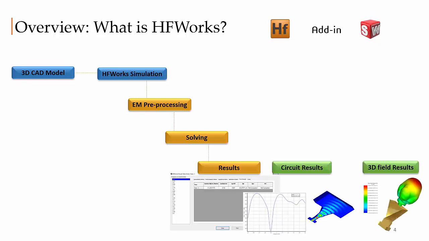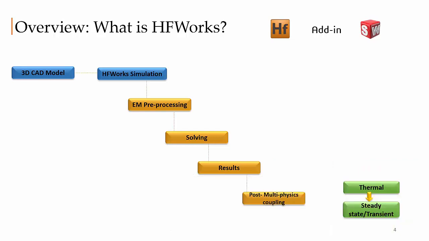After the run is done, you get your results in terms of circuit results or 3D and 2D field plots, and also antenna parameters in case of antenna solvers. We will check in more detail later what kind of results we can get with HFWorks. And finally, if you want multi-physics coupling, it can be done using a post-processing thermal coupling, allowing thermal analysis of your device for steady state and transient thermal cases.